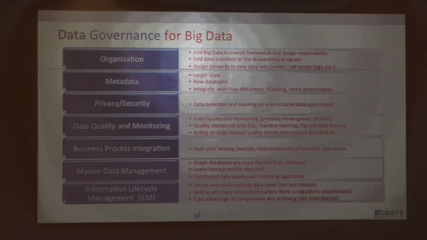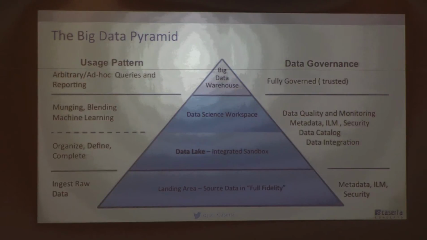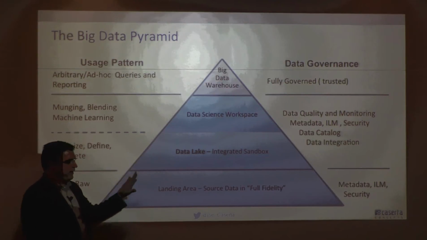Privacy and security, I don't want to go over these too much because we are running out of time, but let's go to here. So the big data pyramid. This is what I came up with, from those dozen or so examples of clients where we've implemented these. We basically break up our data ecosystem into 4 layers.